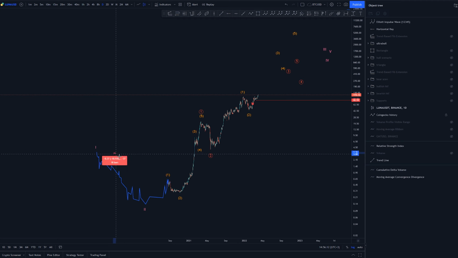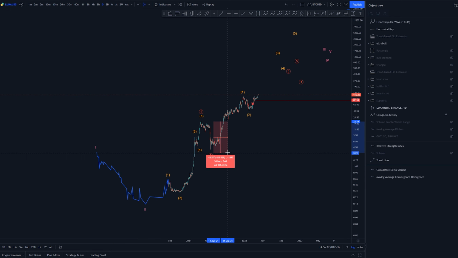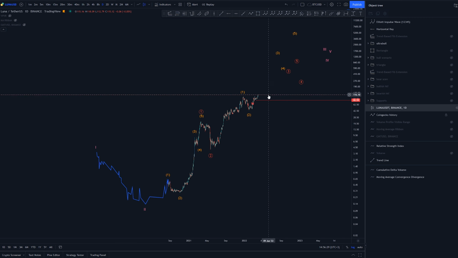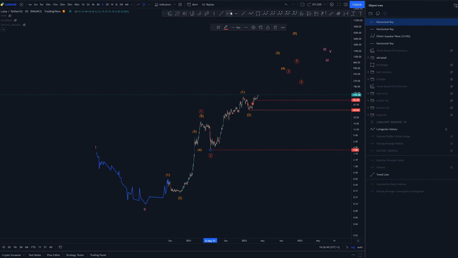As we have progressed on this structure, we've seen lower and smaller corrections. This was 95 or 96%. This was 82%. This was 58%, and giving us all these invalidation levels that we can have marked already.